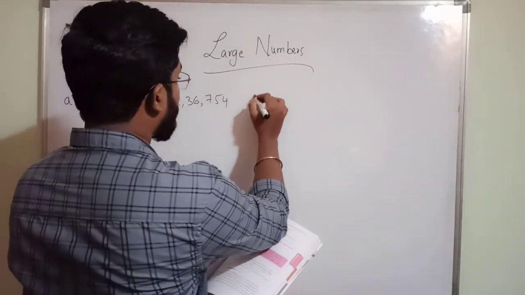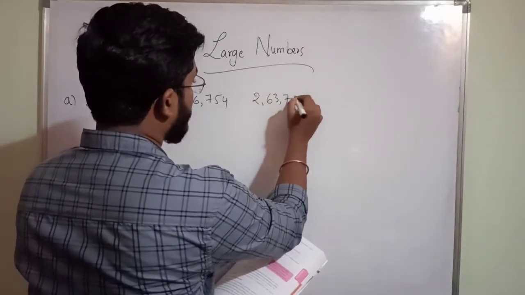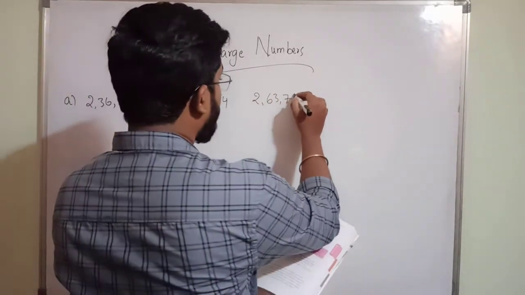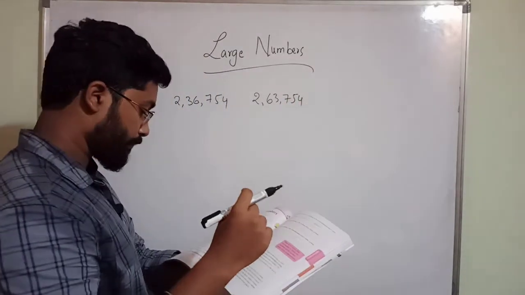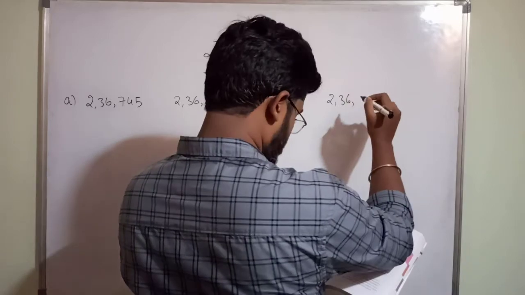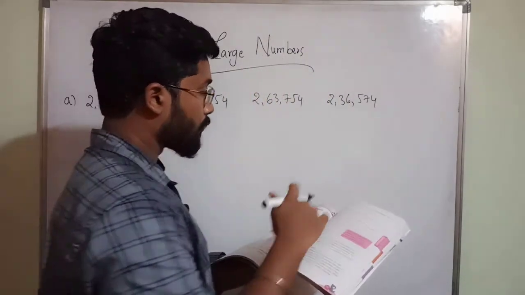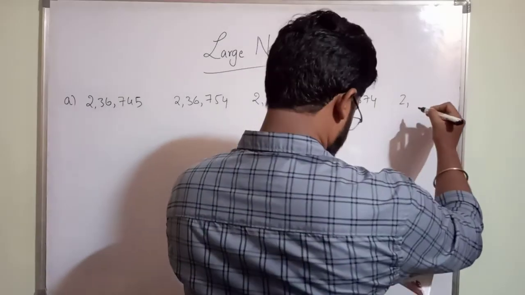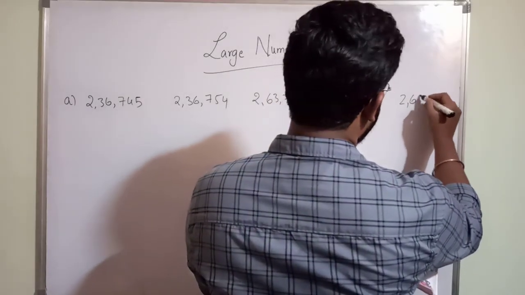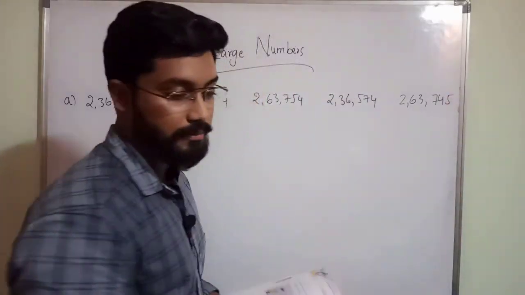Next one, 2,63,754. Next one, 2,36,574. Next one, 2,63,745. This is the first set.